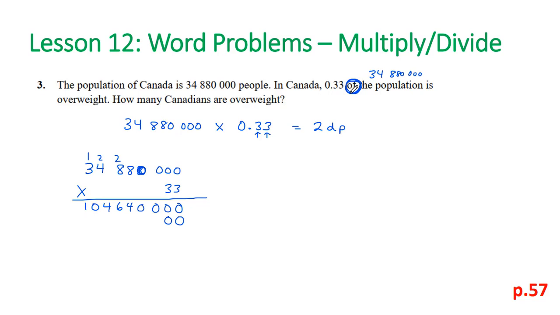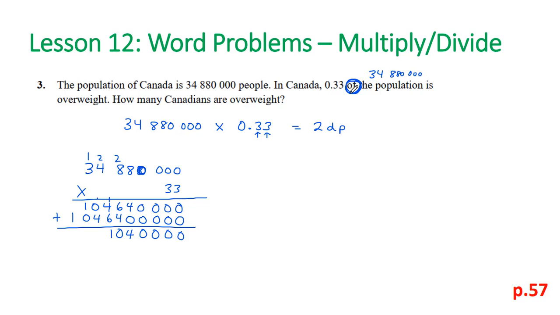We start to multiply, 0, 0, 0, 0, and then we go ahead and we multiply, and we're going to get the same numbers just shifted over. So 4, 6, 4, 0, and 10. So now we add up all of our rows.